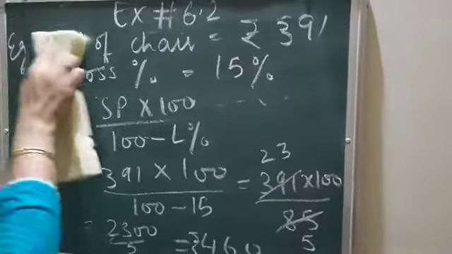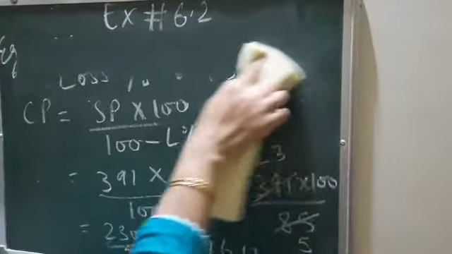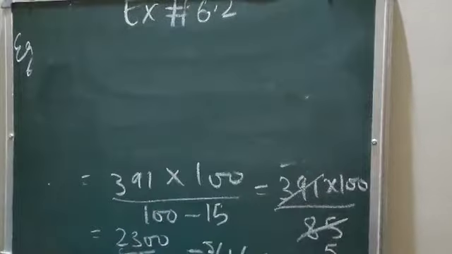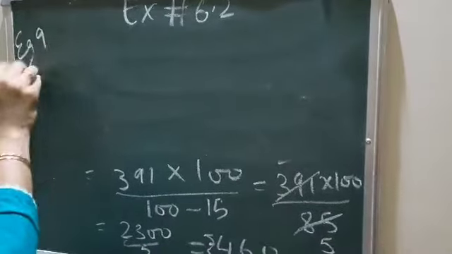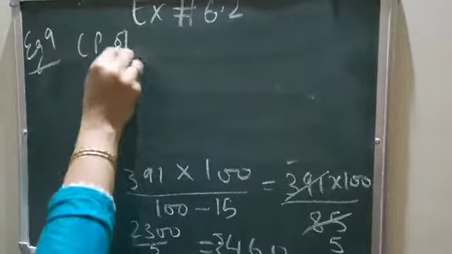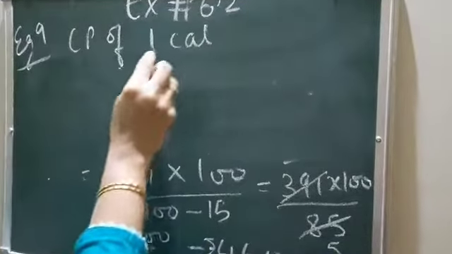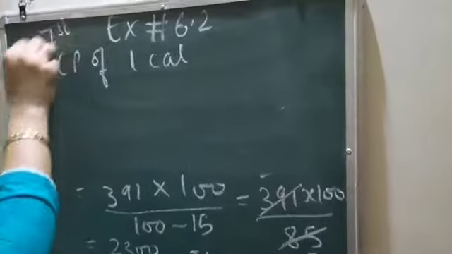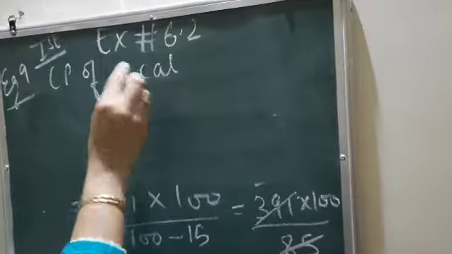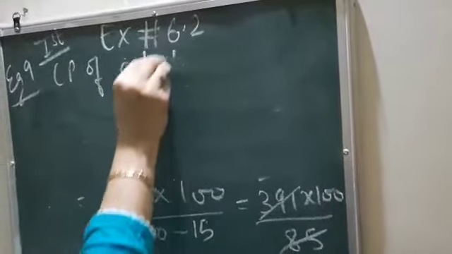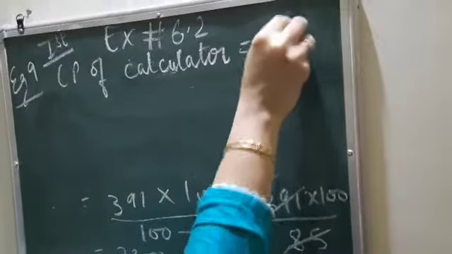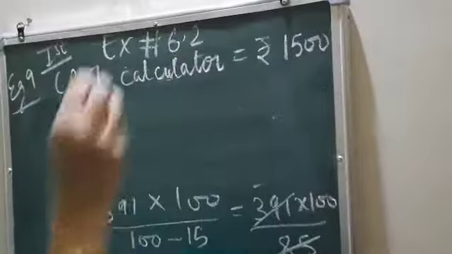So write down the CP of the first calculator. First we'll find for the first one, then we'll find for the second one, and accordingly we'll see.